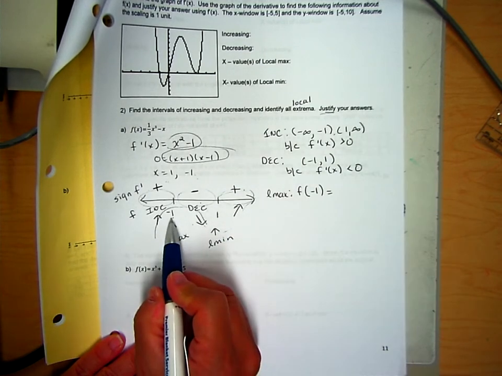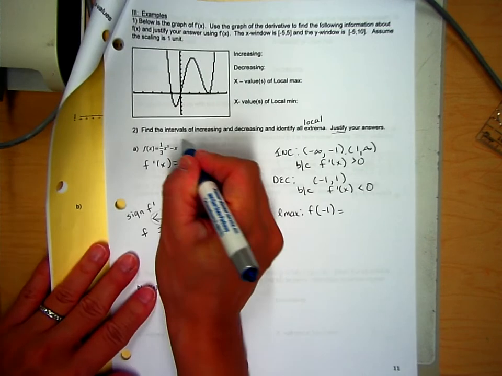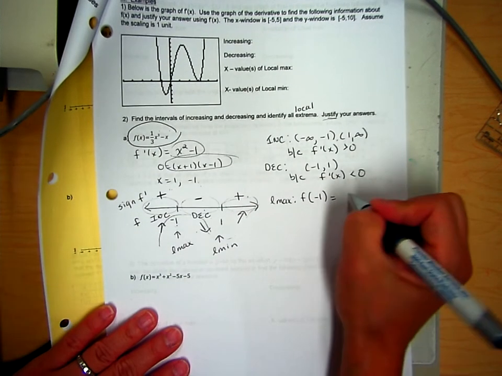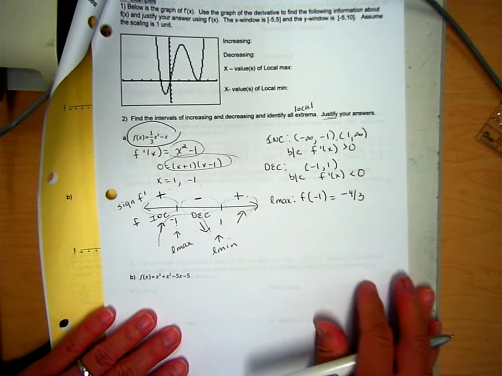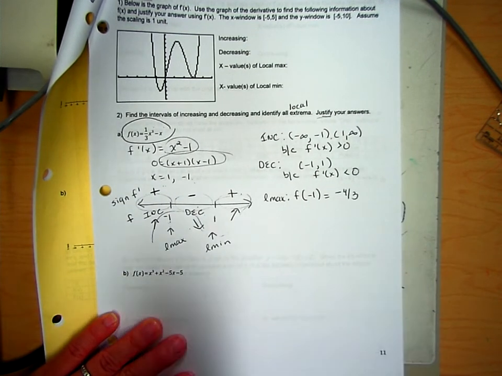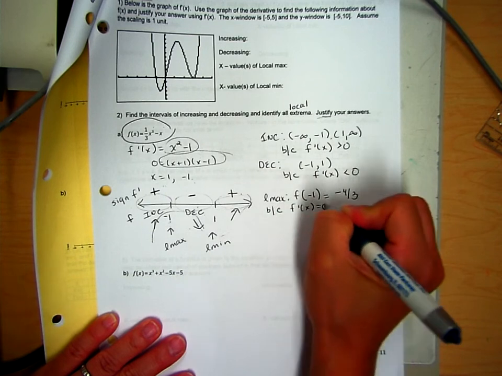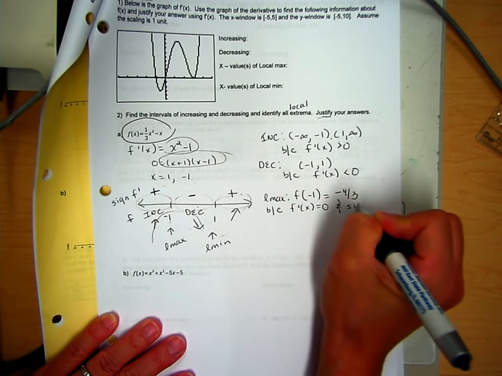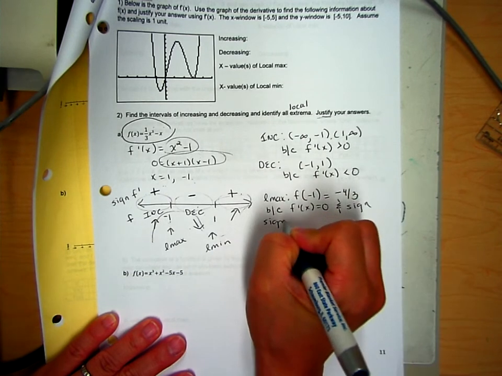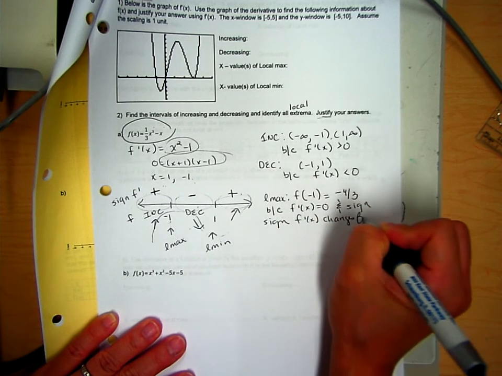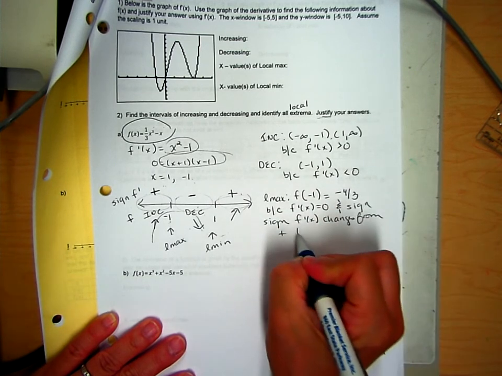So we want to take the negative 1 and plug it back into the original function. So if I plug in negative 1 into the original, you're going to get negative 4/3 as your y value. Your justification is because we figured out that the derivative was 0 and the sign of f prime changes from positive to negative.